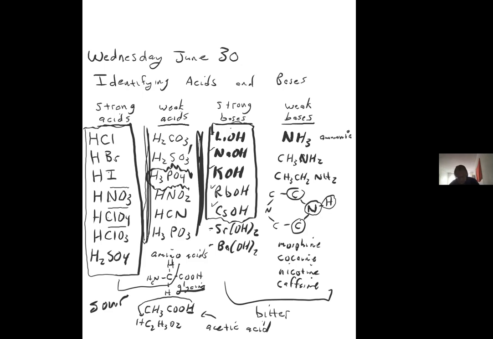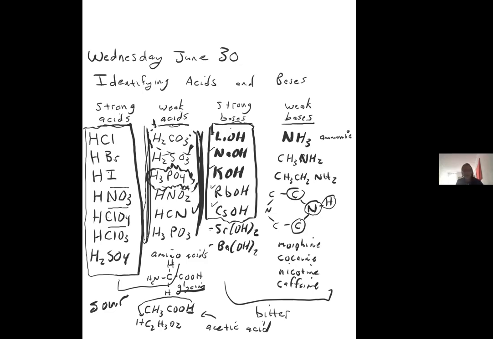This one's dangerous. This one's very dangerous. But phosphoric acid's not that dangerous in small quantities. Carbonic acid's not that dangerous in small quantities. The strong acids are, though. We produce HCl in our stomach, but the stomach has a lot of protective techniques for keeping it contained.